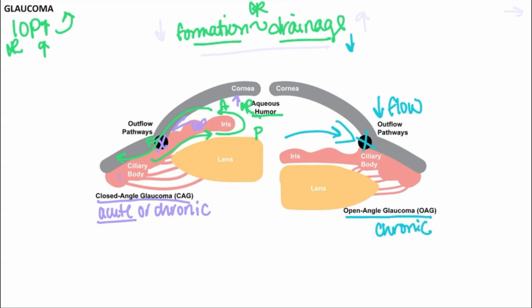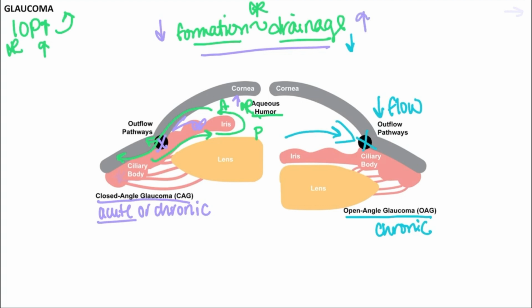So even though open angle glaucoma and closed angle glaucoma are different, the two primary treatment strategies employed to restore a balance in intraocular pressure will be generally applicable to both types. And this will include reducing aqueous humor production and promoting outflow of aqueous humor.